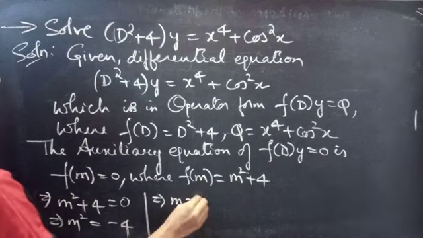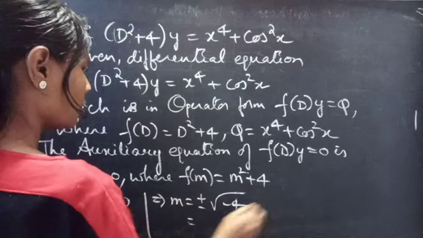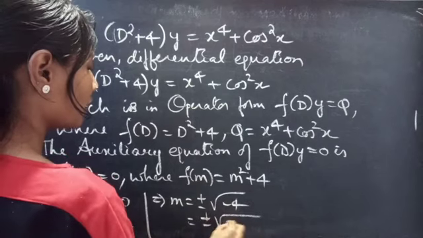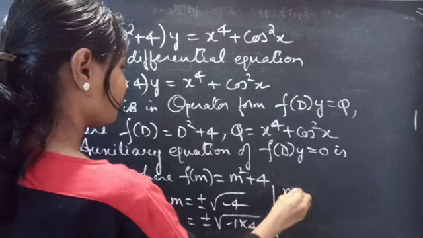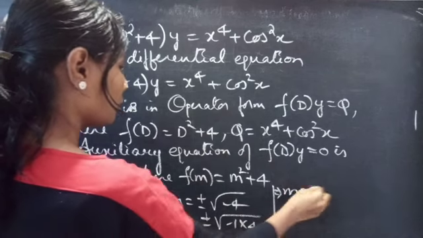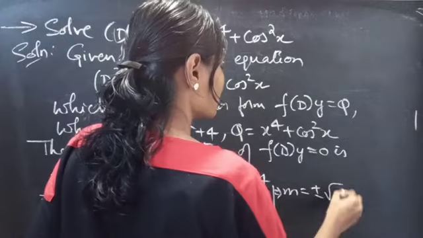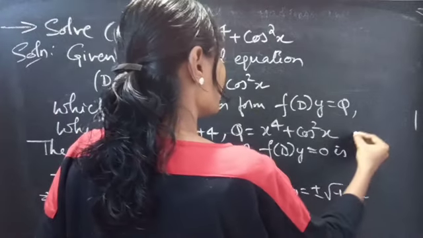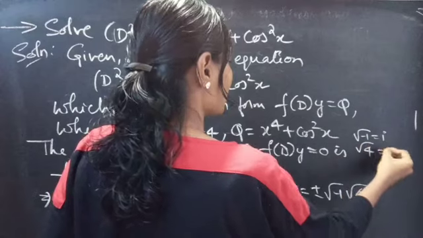m equals plus or minus square root of minus 4. Now let's write minus 4 as minus 1 into 4 and split square root of minus 1 into 4 as square root of minus 1 into square root of 4. We know that square root of minus 1 is i and square root of 4 is 2.